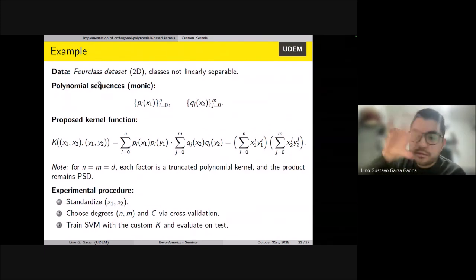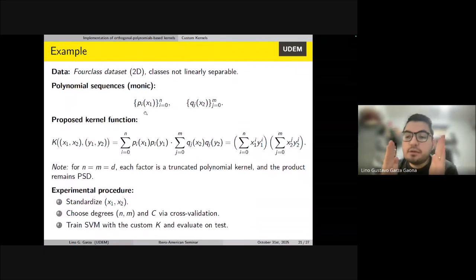This is a cloud of points which are non-linearly separable, and it has only two features, two classes, let's say. With each class, we construct a family of orthogonal polynomials, given here by P and Q. And then with those polynomials, we construct the kernel.